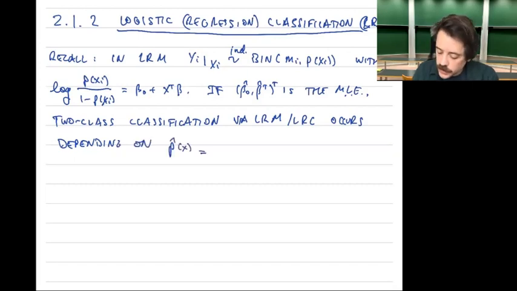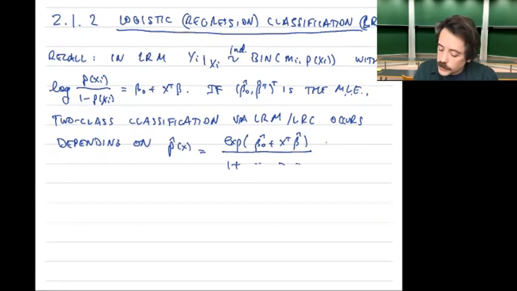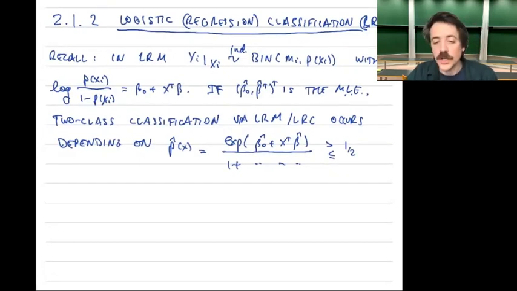And what is this? Well, this is the exponential of beta naught hat plus x transpose beta hat, divided by 1 plus the same quantity. And what matters is whether this quantity is greater than 1/2 or not, right?